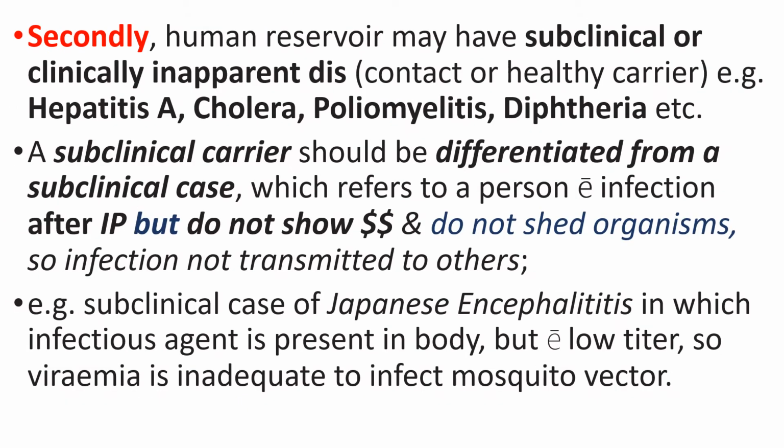Secondly, human reservoir may have subclinical or clinical inapparent disease. The inapparent disease can be a contact or healthy carrier, like hepatitis A, cholera, poliomyelitis, diphtheria.